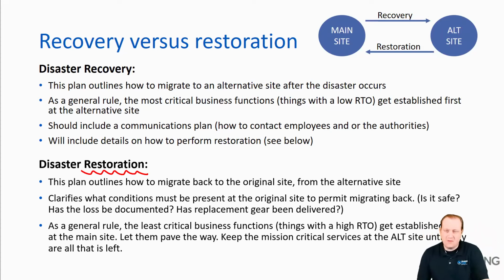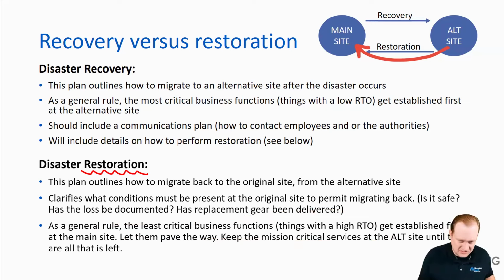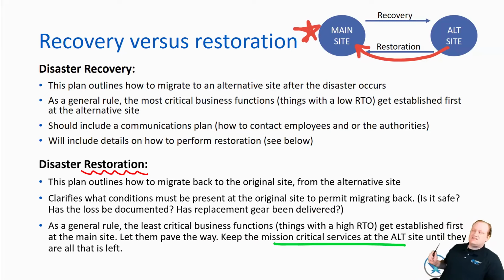But when you are going back home, when you are doing restoration, it's the other way around. The least important things, the least critical business functions, as in things with a high recovery time objective, that aren't super important, get set up first at the main site to pave the way. Mission critical things stay at your alt site until they're all that's left.